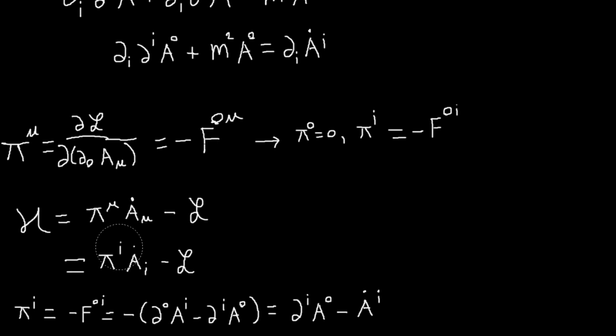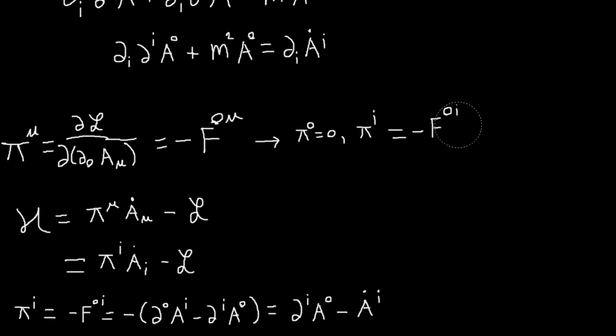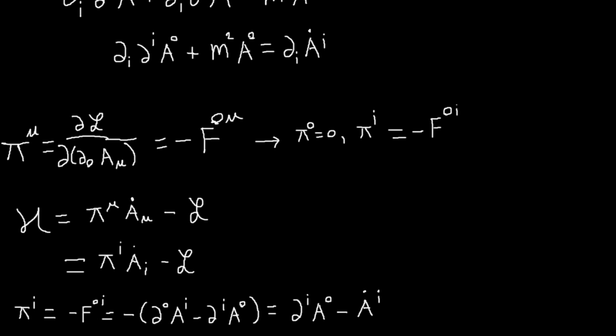So we need to find an expression for Ȧ_i in terms of π^i. We have our expression for π^i, which is negative F^{0i}. Just writing that out, we'll have these two terms, which can be written in this way.